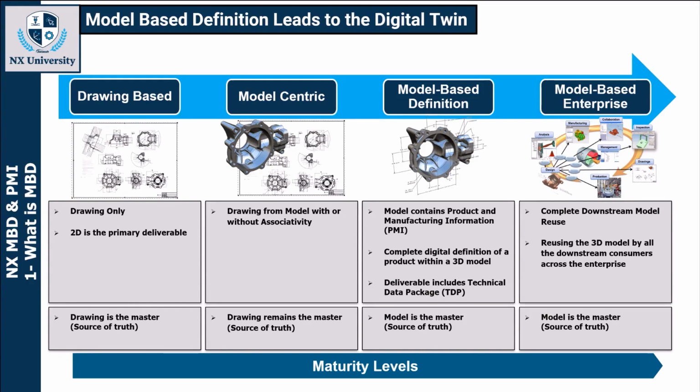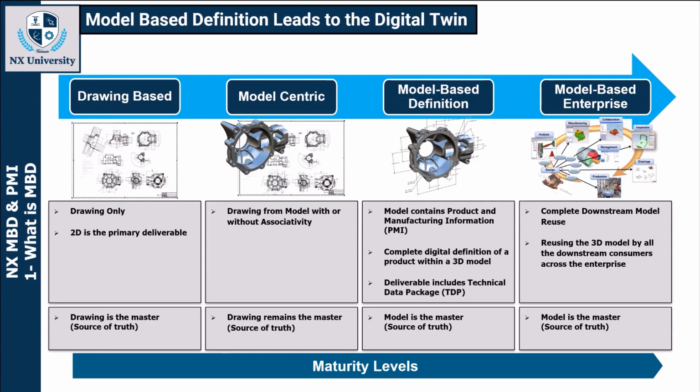If we look at the next option over, model-based definition, now we're getting into the discussion of embedding this information on the physical features of the model. So once you start to embed the PMI, all that model-based definition, your dimensions, different GD&T callouts for those features, surface finishes, security markings, etc., now we're applying this information to the physical features on the model.